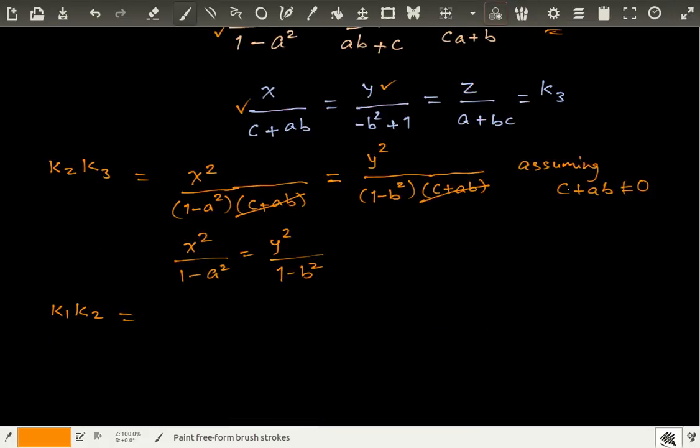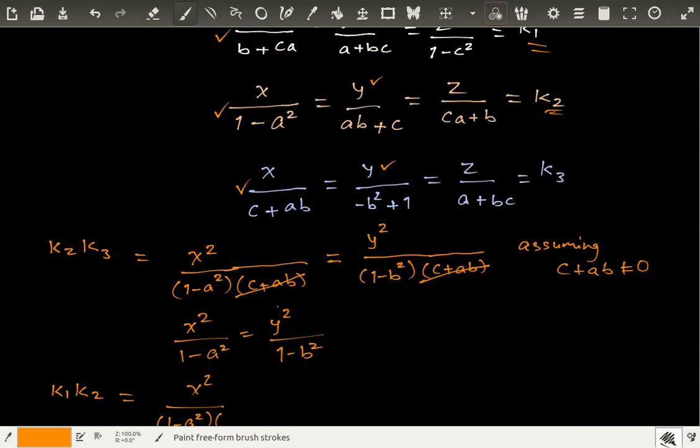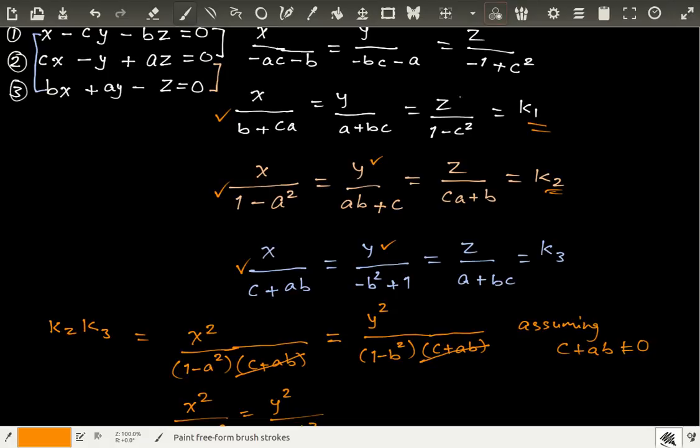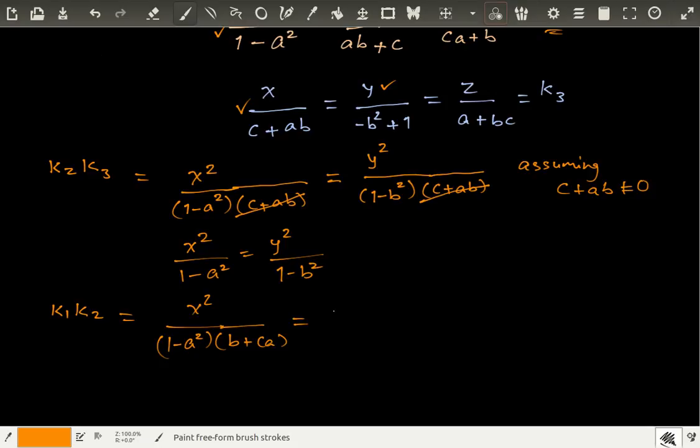So we get x over 1 minus a square, b plus ca, is equal to z square over 1 minus c square, b plus ca.